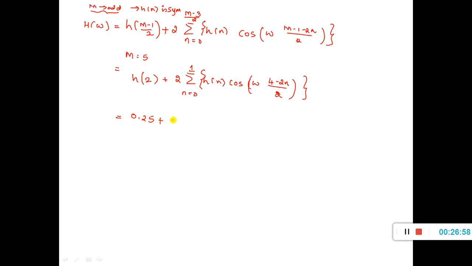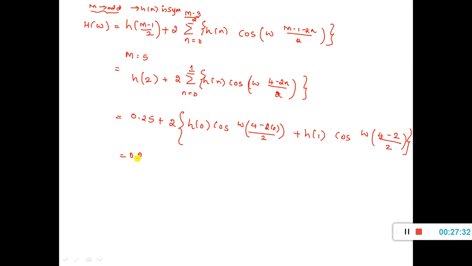Now write this: 0.25 plus 2 into summation n equal to 0 to 1 of h of n cos of omega into (4 minus 2n) by 2. For n equal to 0, it is h of 0 cos of omega into (4 minus 2 into 0) by 2, which is cos of 2 omega, right?